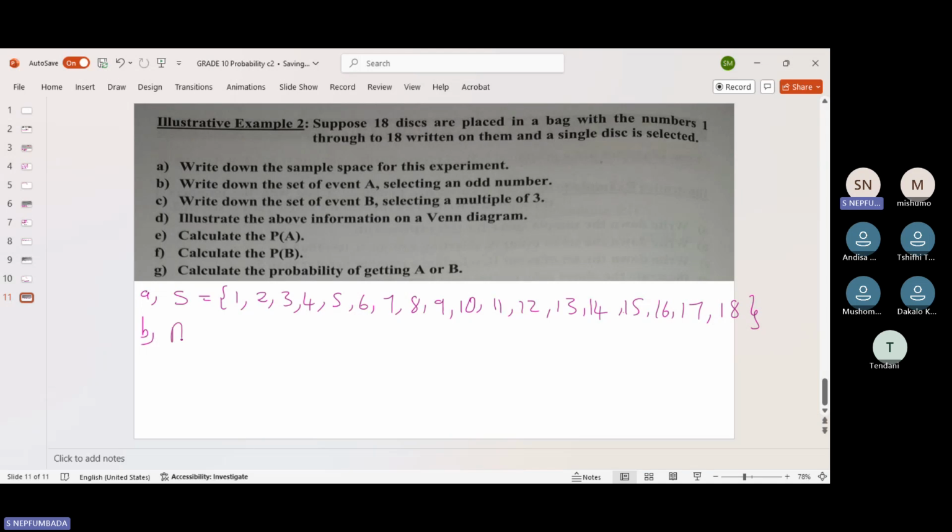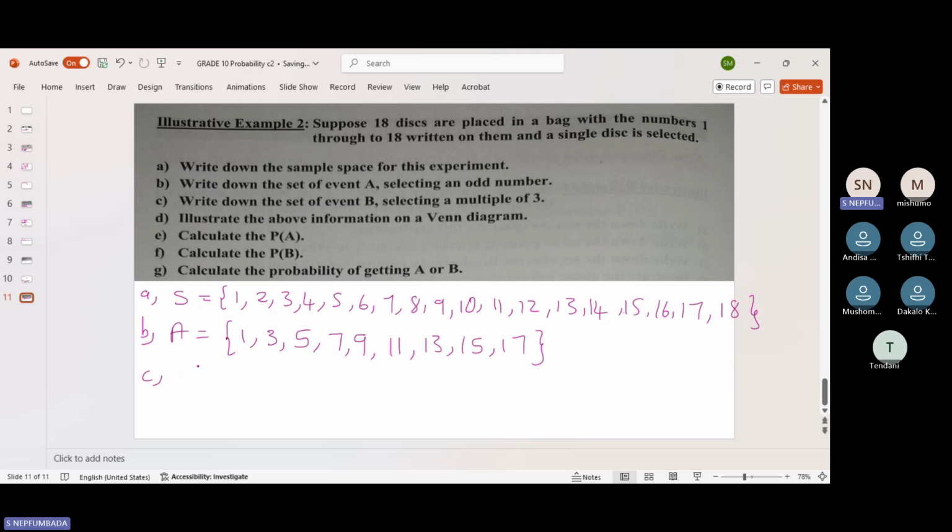Event A, selecting an odd number, is equal to 1, 3, 5, 7, 9, 11, 13, 15, and 17.